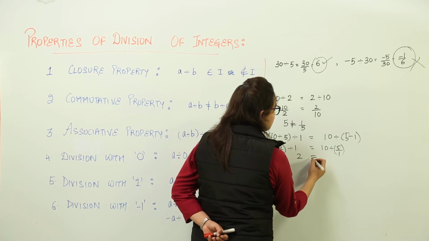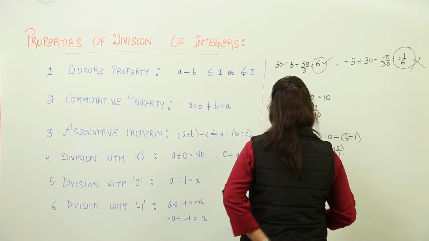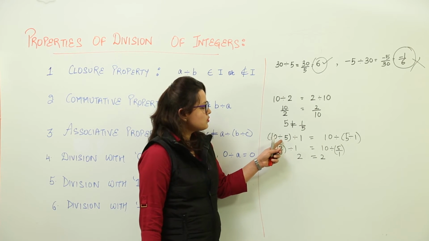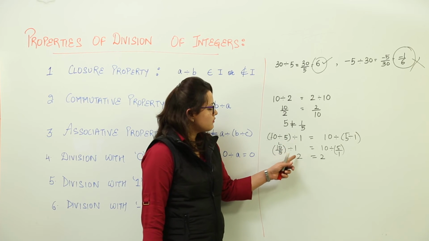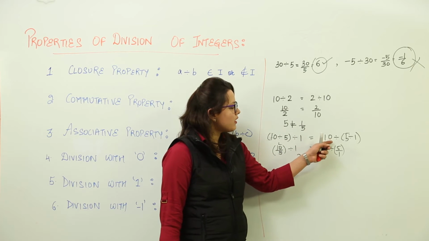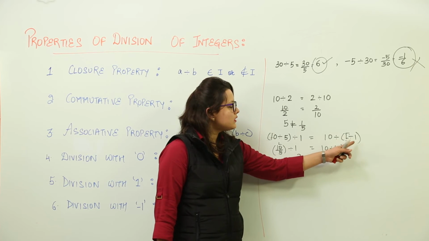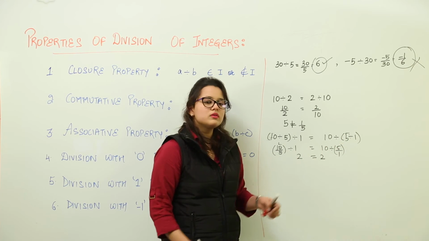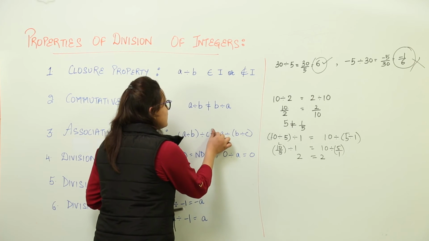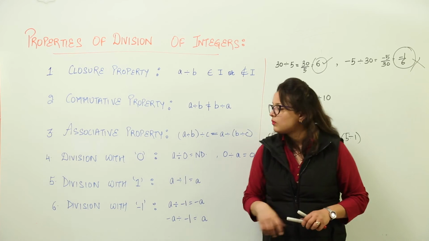When 10 is divided with 5, you got 2 and 2 divided with 1 gives you 2. On the other side, 10 divided with 1 gives 10, and 10 divided with 5 is 2. So the marks here are not equal; that should rather be equal, right?